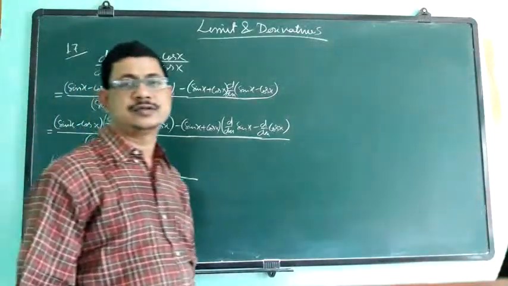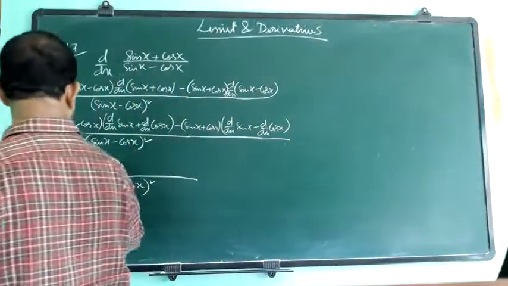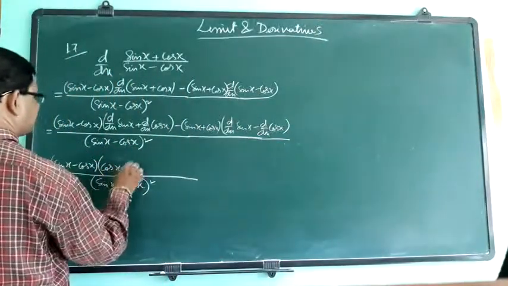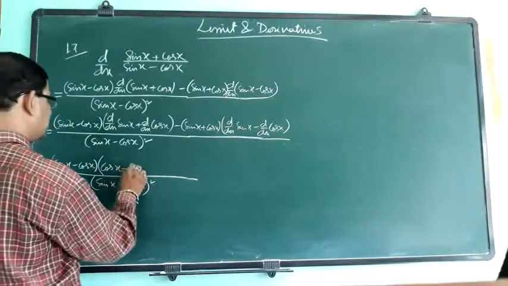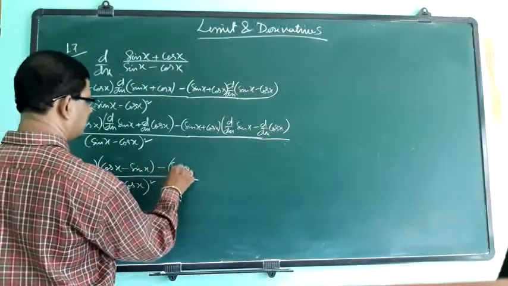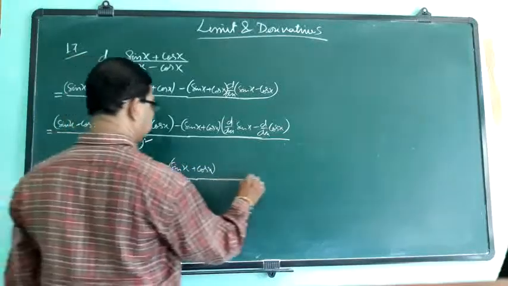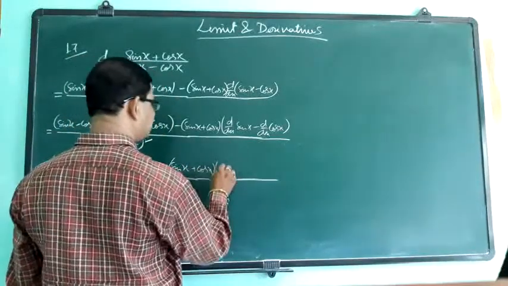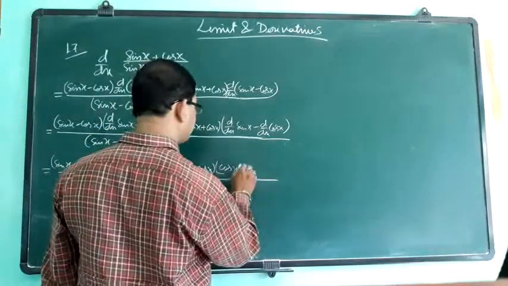Differentiation of sin x. We have all the formulas, and yes, differentiation of sin x is cos x, and differentiation of cos x is minus sin x. Times (sin x + cos x).